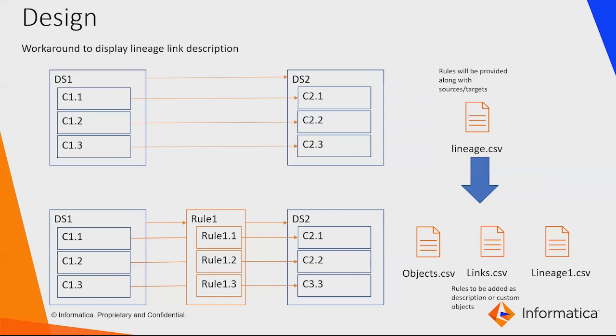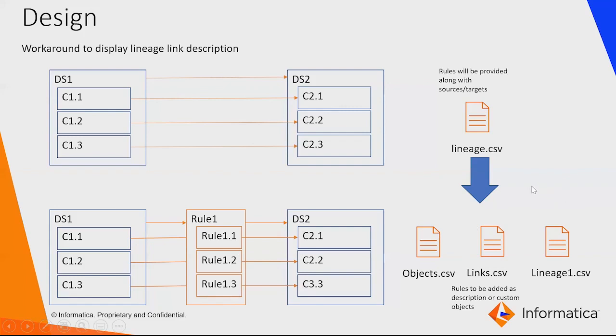So this lineage.csv file, which you are going to prepare, will be the input for this framework, and will contain the source set of attributes and target set of attributes, plus the lineage description, and the logic you want to specify, which you are going to display as a rule or logic that is flowing when data is flowing between these two data sets or data sources.